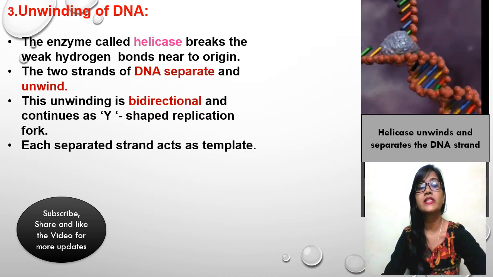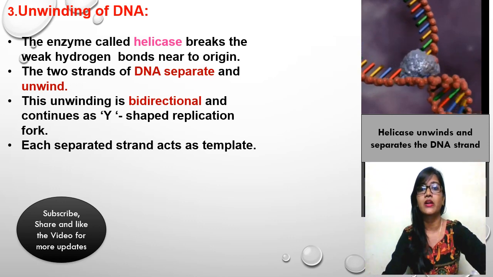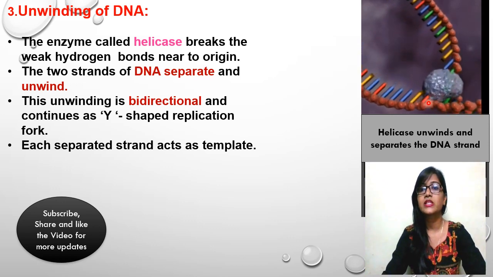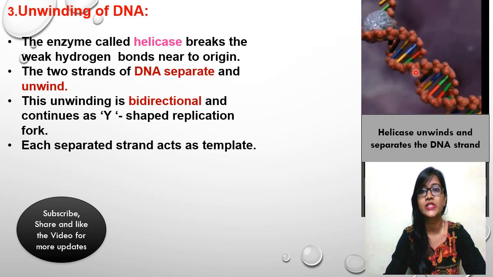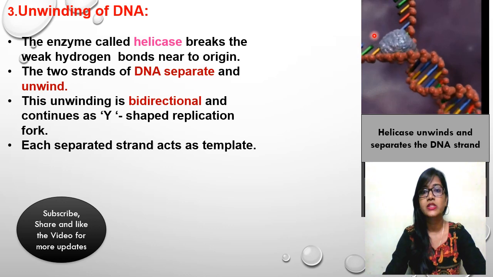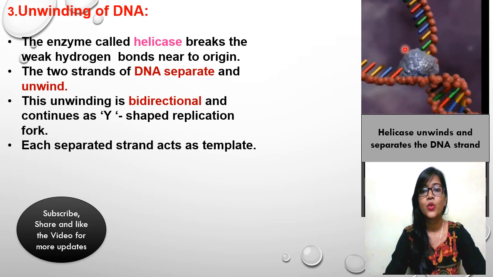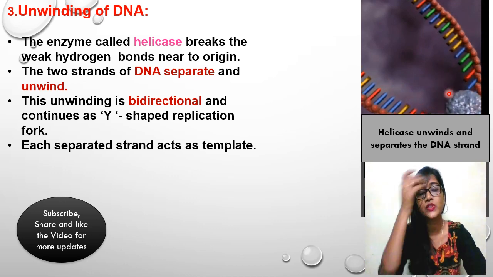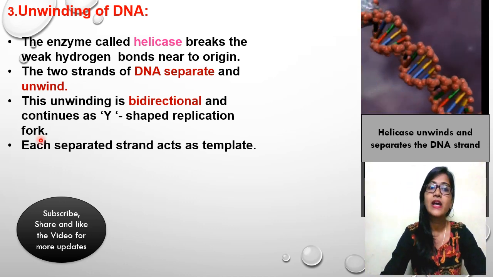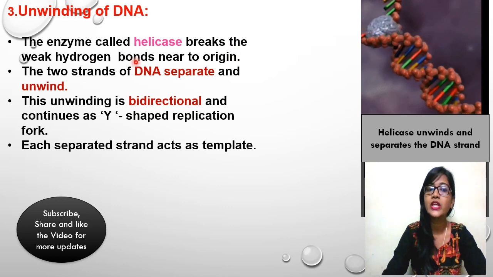You can observe the enzyme in the diagram. Now see, this is the double helical DNA strand which is completely twisted. This is helicase, which unwinds and separates the DNA strand. The enzyme called helicase breaks the weak hydrogen bonds.